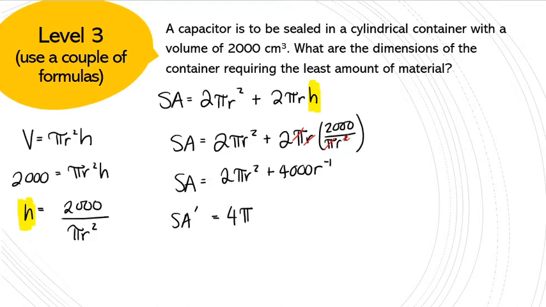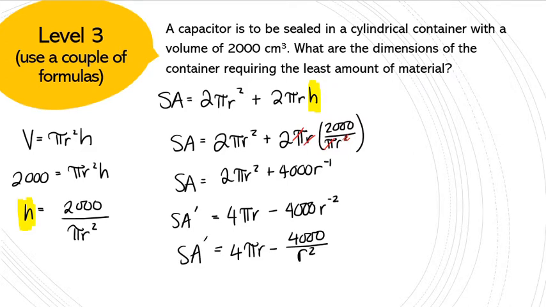So I differentiate the first term and get 4 pi r. I differentiate the second term. I get minus 4,000 r to the -2, which I'm going to write as 4 pi r minus 4,000 over r squared.